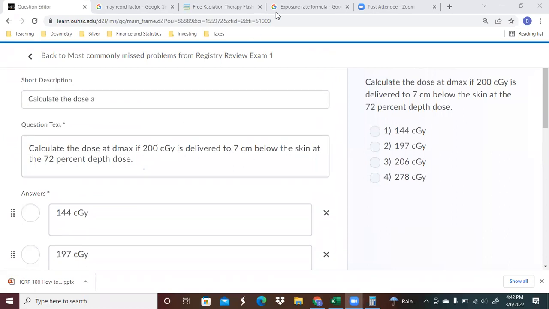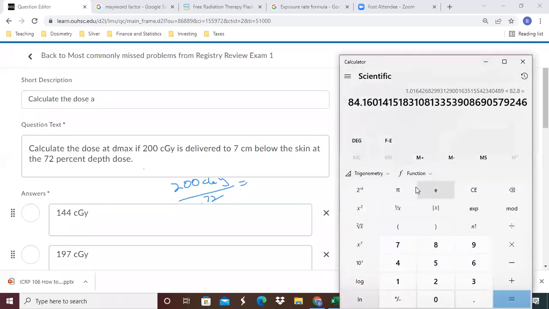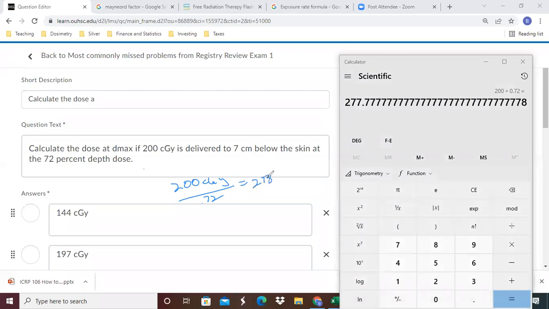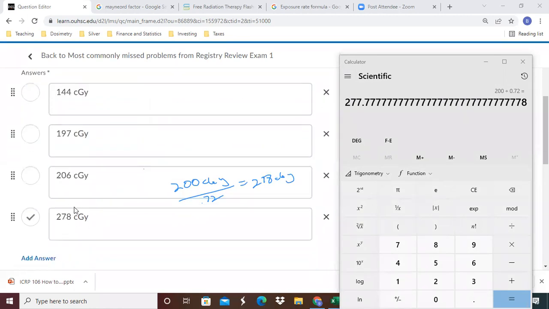This is what's being delivered here at 7 cm. So we're going to take 200 centigray and divide it by 0.72. So we end up with something close to 278, which is what we get.